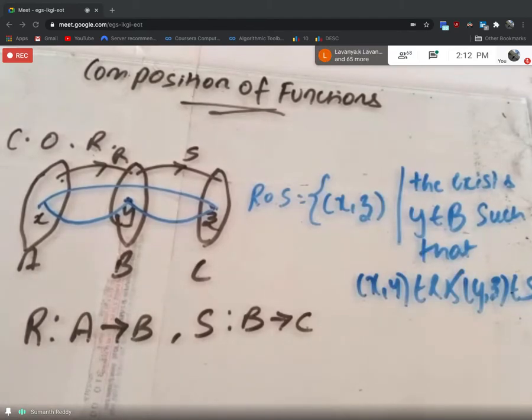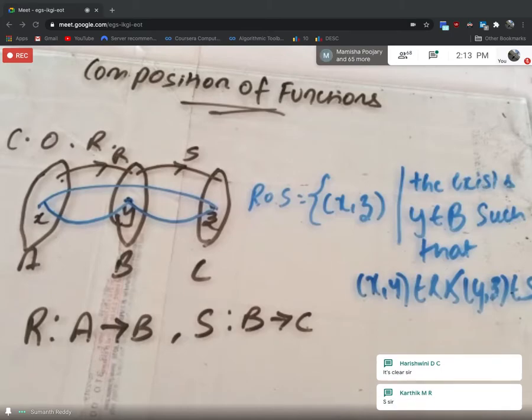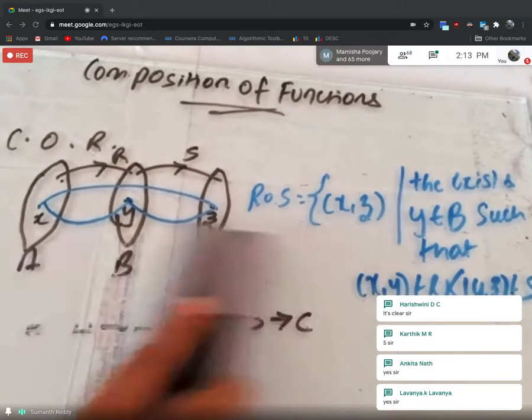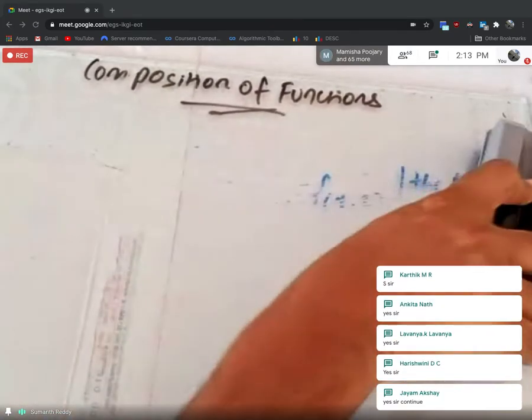Can I go with the composition of functions now? Is this clearly visible for you, or is there any blurriness? Students, can I continue? Okay, fine. So now I will tell you the composition of functions.